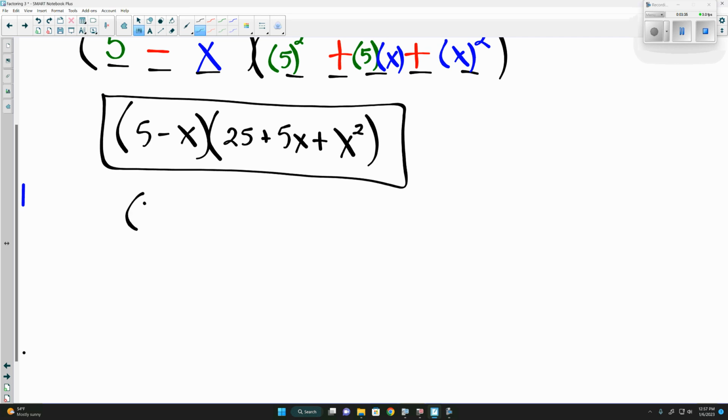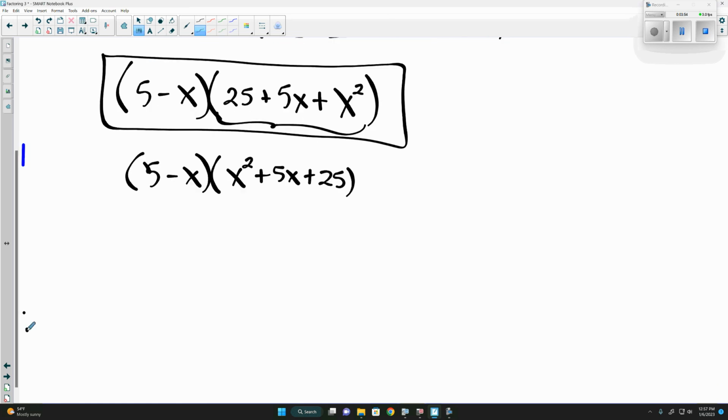Now, we can rewrite this quadratic in standard form. Just putting x squared plus 5x plus 25, just reordering it. And there's nothing mathematically wrong with doing it this way. That's fine. I like having it in standard form.